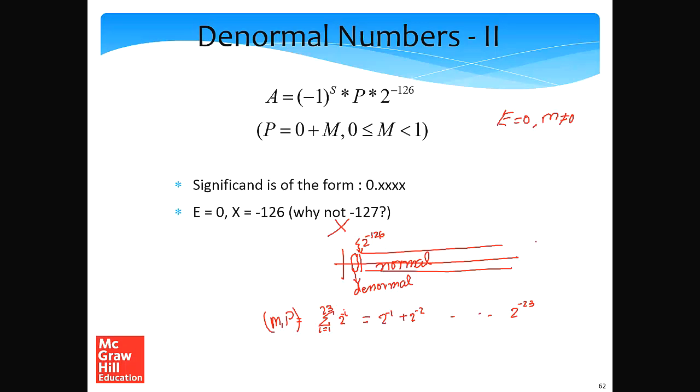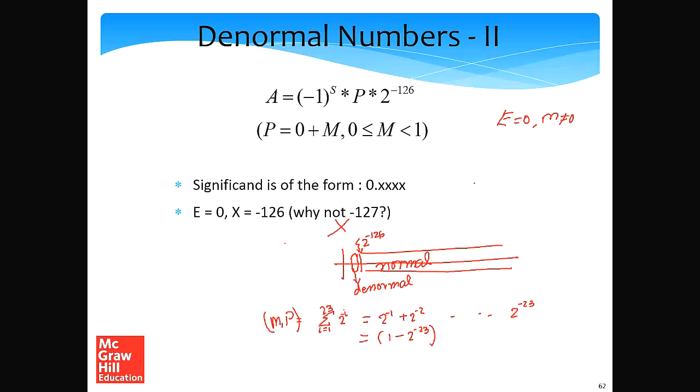When we look at any kind of geometric series summation, we can expand it and do some math. I'll write down the result directly, and the result is 1 minus 2 to the power minus 23. This is an important result, and it will come up many times in the book and in our discussion, so readers might want to memorize this.